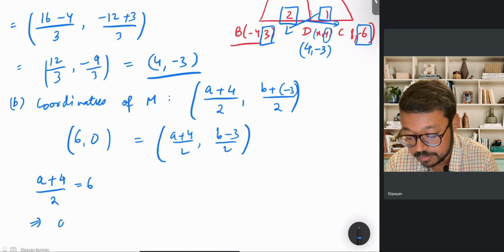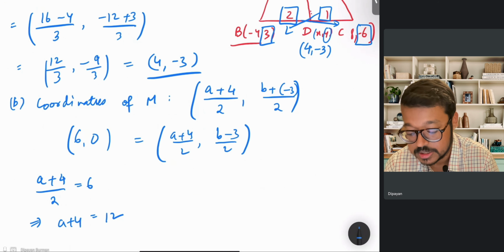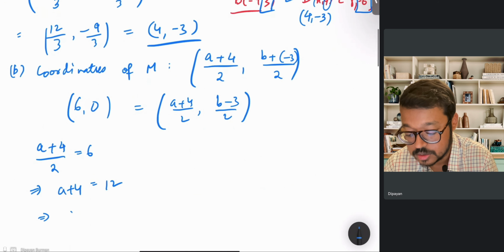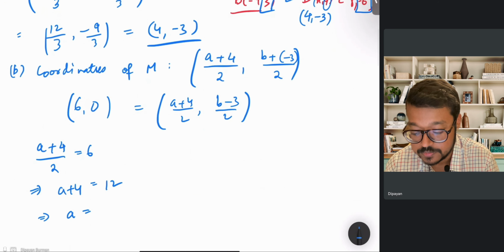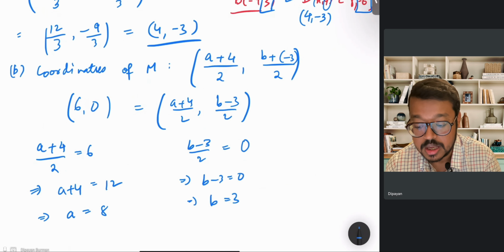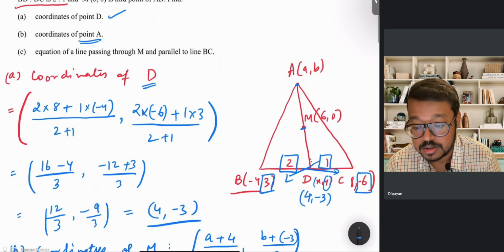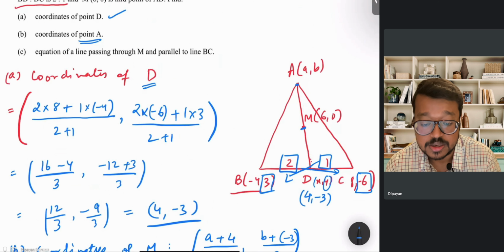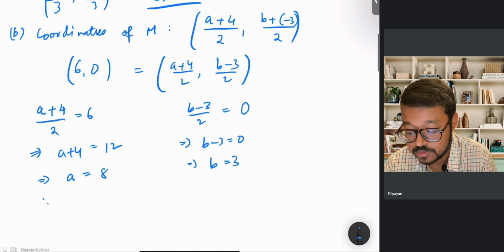That means A plus 4 is equal to 6 into 2, 12. So the A value is 12 minus 4, that is 8. And B minus 3 by 2, the y coordinate, is the same as 0. So B minus 3 is 0, that means B is equal to 3. I wanted the coordinates of point A, comma B. So therefore the coordinates of point A is 8 comma 3.